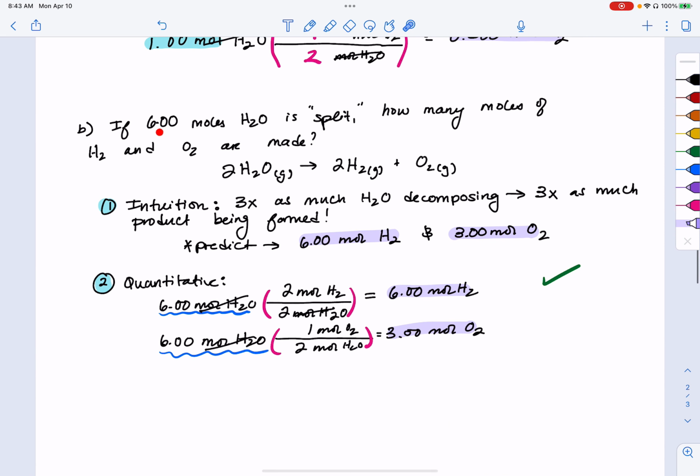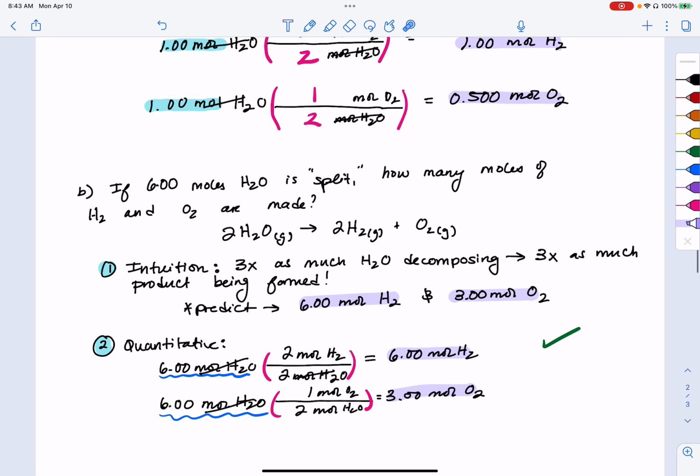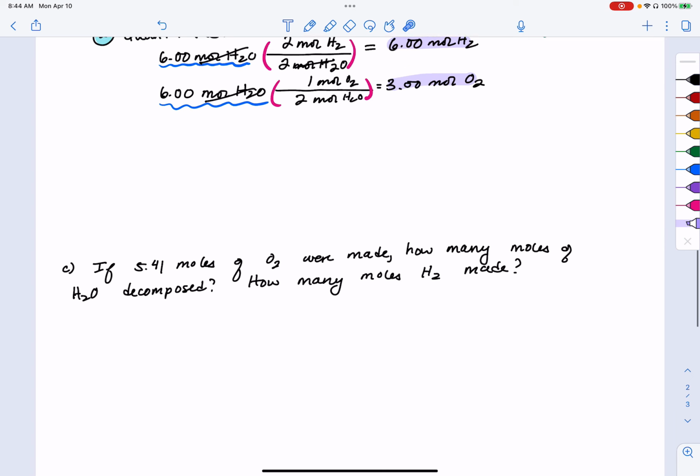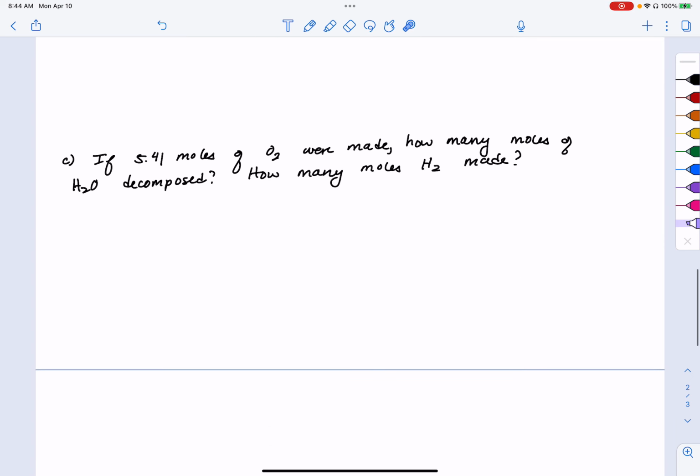Same deal with 6, right? 6 is a whole number, so I can relate that to my whole number coefficients by recognizing this triple as much. In our next part of this warm-up, we're going to look at something closer to what we'll see in reality, which is what if I've got some non-whole number amount of moles, or something that I can't at least figure out intuitively what that proportionality might be.